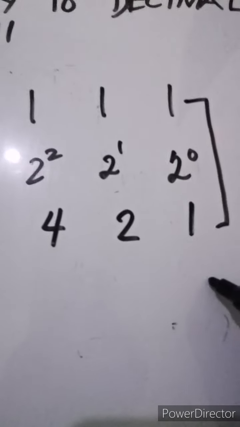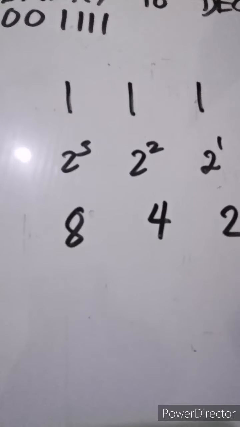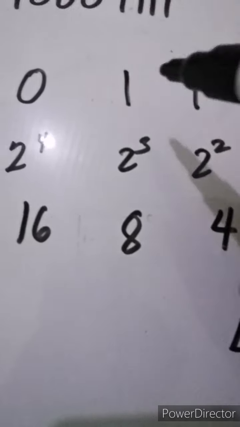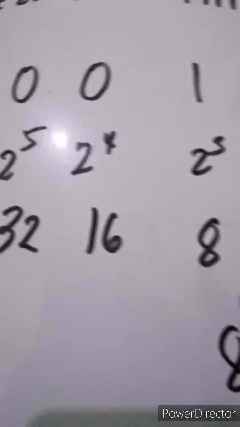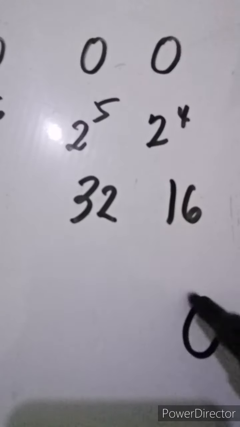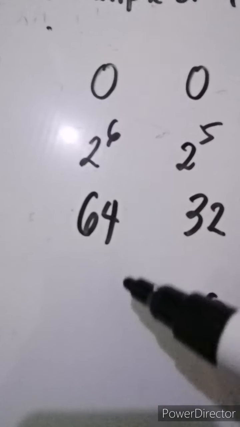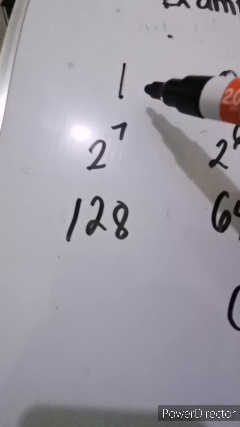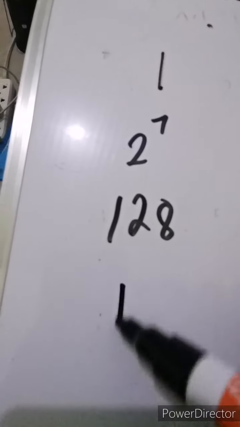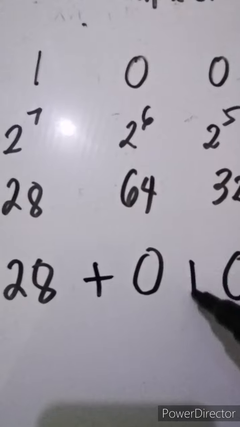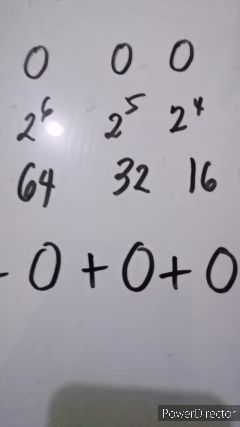Then next, ang sunod na gagawin, multiply natin yung first, yung unahan, at saka yung pangatlong row. So, 1 times 1 is 1, 1 times 2 is 2, 1 times 4 is 4, 1 times 8 is 8, 0 times 16 is 0, 0 times 32 is 0, 0 times 64 is 0, and 1 times 128 is 128. And then, ang sunod natin gagawin, we will add the products.